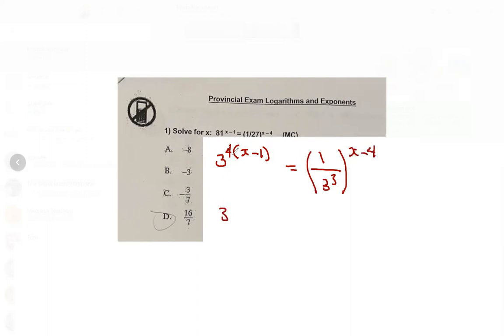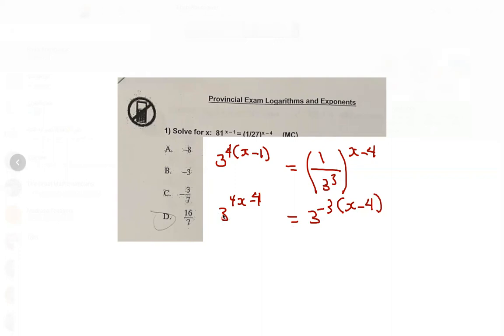Now I'm going to distribute the 4 into x minus 1, so we get 3 to the power of 4x minus 4, equals... the 3 on the bottom is not going to help me, so I have to bring the 3 to the top. By the law of exponents, if you bring the 3 to the top, you have to make this 3 negative, and then you still have the x minus 4.